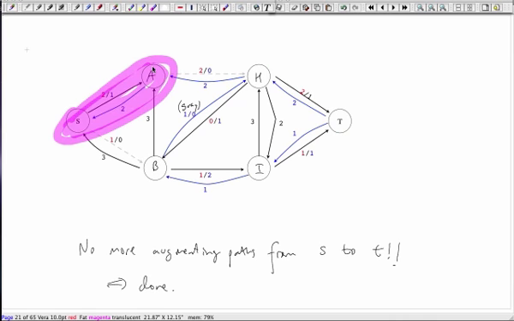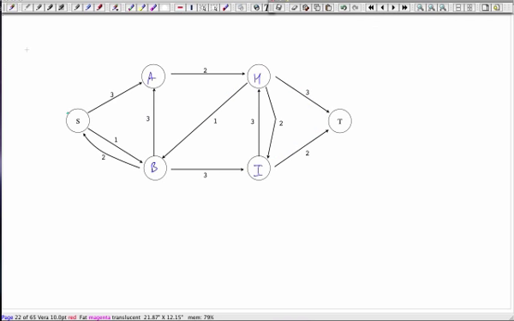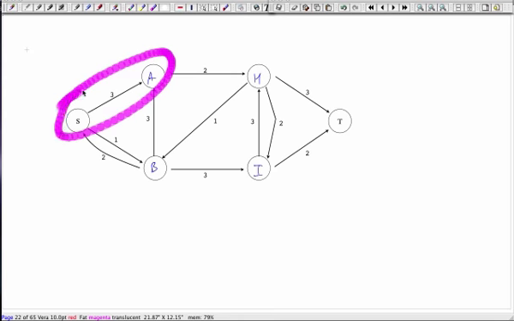But you can reach some subset of nodes. If we look at that same subset in the original graph, and look at all the outgoing edges from this subset, the only outgoing edges are this one and this one.